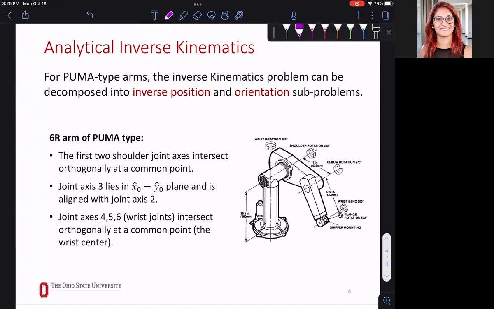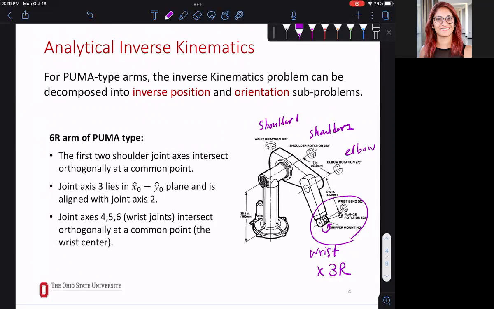So here is shoulder 1. This is shoulder 2. And this is the elbow. And this whole thing is the wrist, which has 3 revolute joints. The third one is not shown. The third one is here. You could also see 2 rotations and 1 translation.